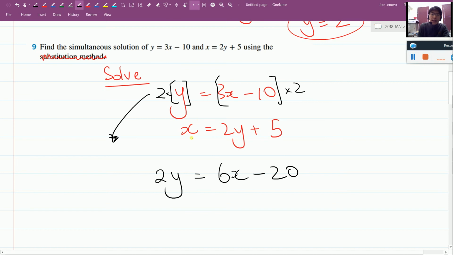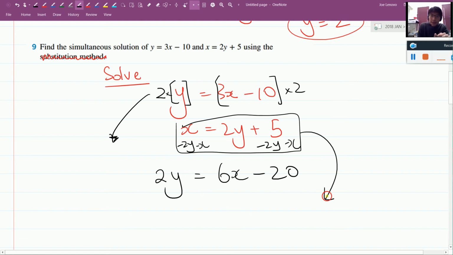The other thing I'd like to do is rearrange the second one so that y is on the left hand side and x is on the right hand side. I need to take 2y away on each side first, and then take away x on each side.